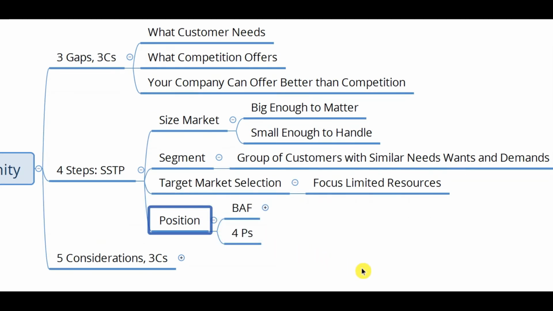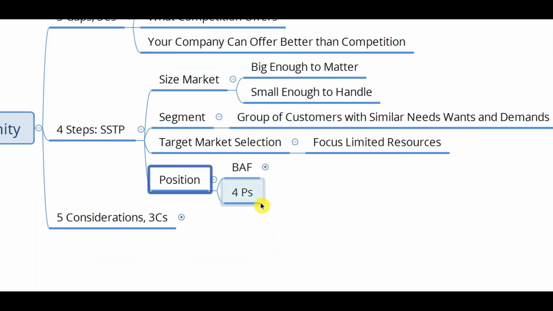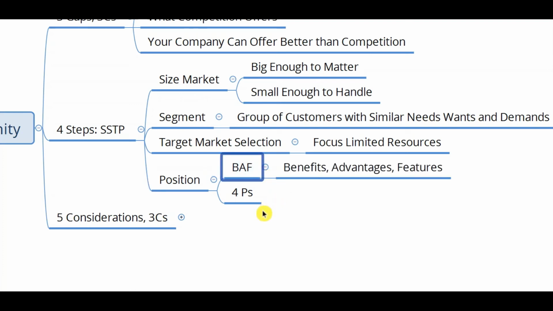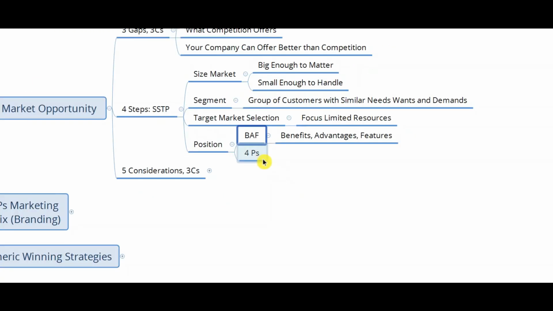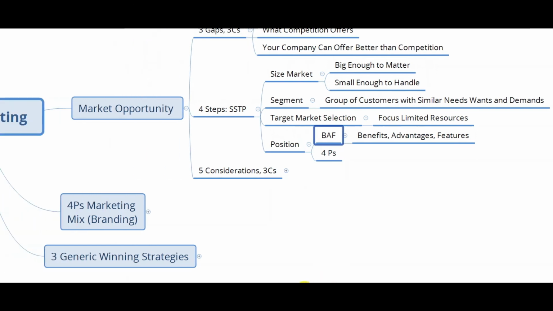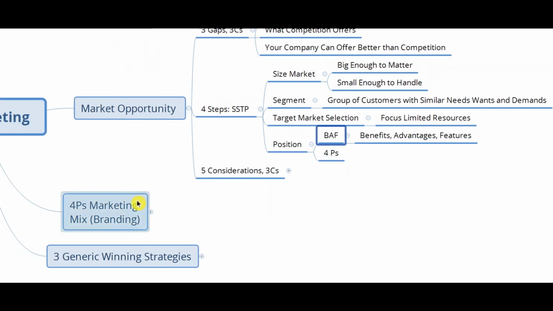The BAF, meaning communicating benefits, advantages, features, and the most important thing to focus on is benefits, because in the end, the customer is looking for benefits and not features. You also position using the 4Ps, and rather than expanding the selection here of the 4Ps, I actually created a totally new branch of concept for the 4Ps or the marketing mix, or currently the best way to refer to it is the branding. So these are the four steps in addressing a market opportunity.